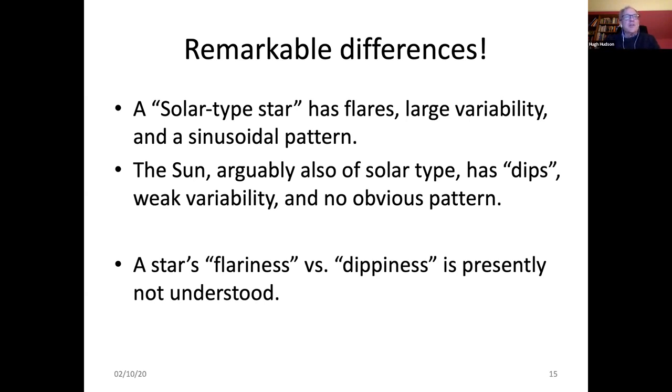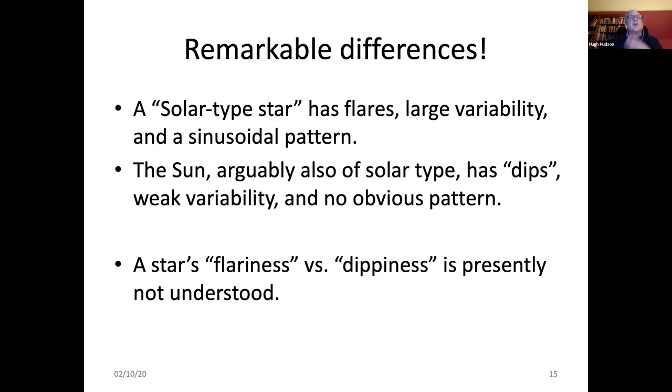Stars of different types, even in the solar category, in G and K stars, slowly rotating solar type stars, can be flary or they can be dippy, depending upon how big the sunspots are, or star spots, or other factors. And we don't understand this.